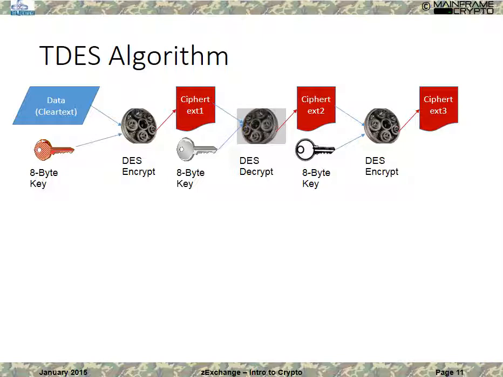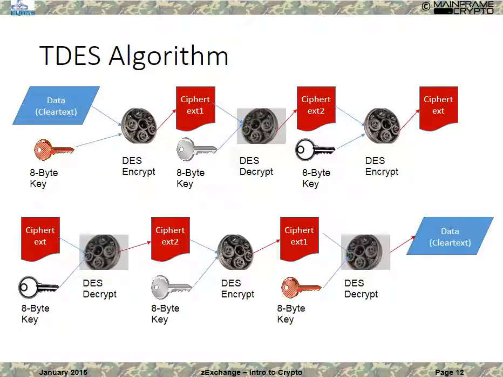And on slide 12, to recover the data, you just reverse the process. You take that final ciphertext and reverse the operation. You do a decrypt on that using the third 8-byte key. Then you take that intermediate result and perform an encrypt operation using the second 8-byte key, so you're reversing the second step.